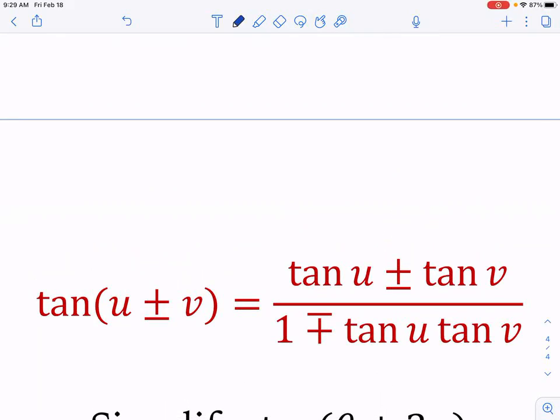Notice how the numerator has the same sign, but the denominator flips sign. But we still have U V and then U V. Now this time, up here, we have addition or subtraction separating our tangents. But down here, we have 1 minus or plus the 2 tangents multiplied.